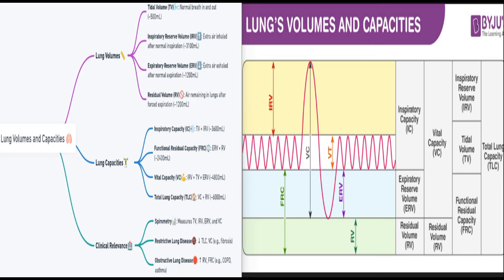And with the forced vital capacity being 2.85 liters, and the lower limit of normal being 2.14, the forced vital capacity is above the lower limit of normal, ruling out any severe obstruction.